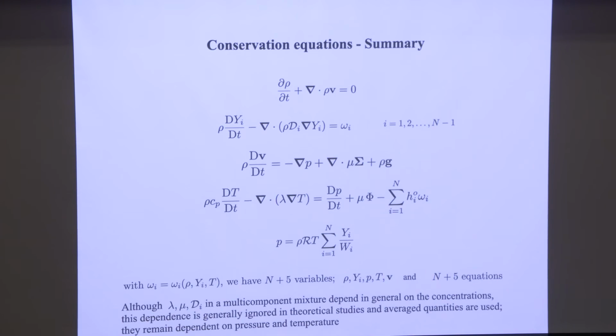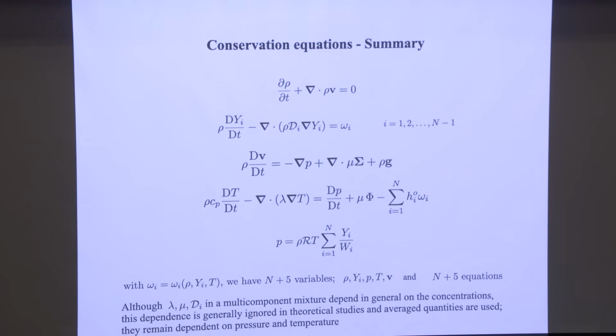So we have n plus 5 equations to solve, and also n plus 5 variables to solve for. Okay? So again, we have a system which is mathematically consistent, or complete.